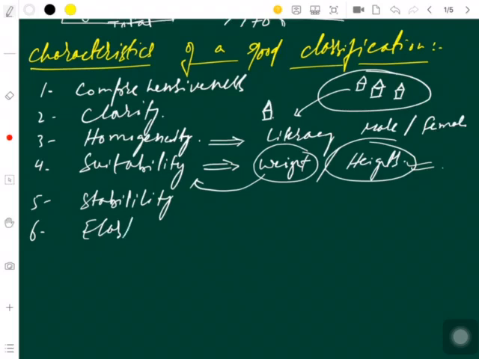It must be elastic, or elasticity must be its characteristic, that it must be stretched enough to fit in different categories, different criteria, and must be able to go through different tests and all, because testing is an important element in statistics. We test each and every data before we put it into use. So it must be elastic enough to be with different things you are going to do with your data.